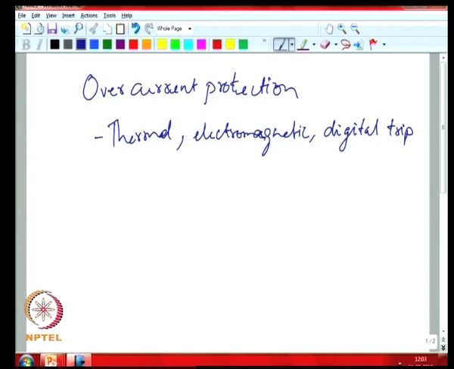for example, a digital trip unit has to be backward compatible with what is already there in the system. So, you cannot make your digital trip unit respond as fast as your processor can calculate, but your digital trip unit should be able to emulate the type of characteristic that is there in a thermal overcurrent protection or the electromechanical relay, so as to have the backward compatibility.